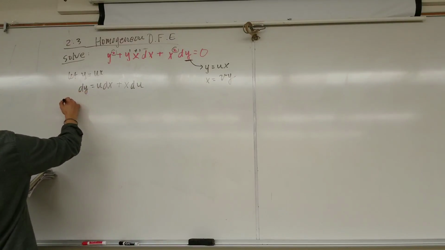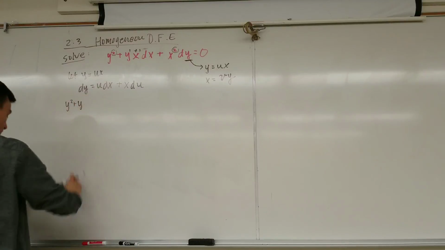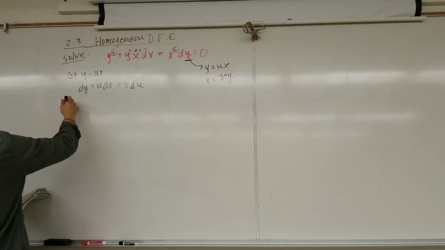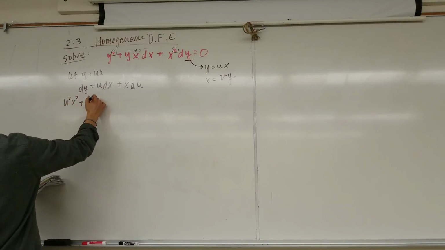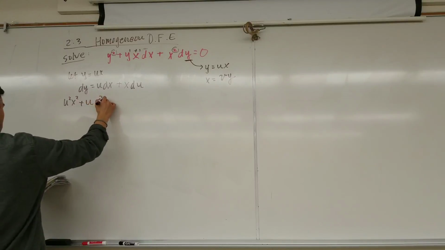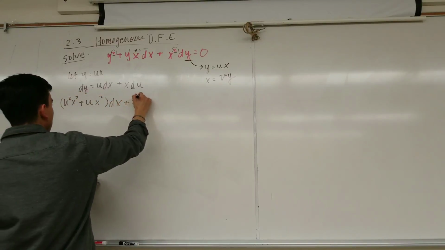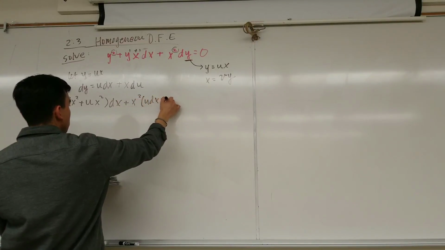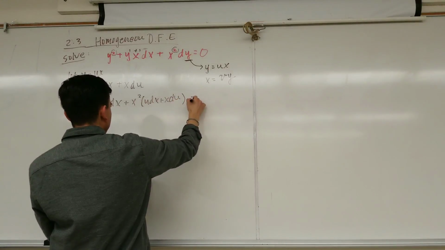So we have u squared x squared plus u x squared dx plus x squared u dx plus x du equals 0.